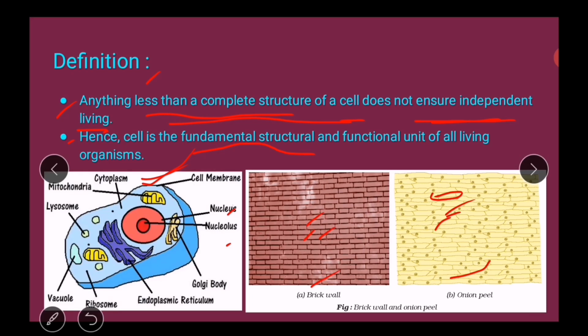That is why the cell is called the fundamental structure of a living organism. And it is also called the functional unit of a living organism. As we have discussed earlier, if you remove all these organelles of a cell, it will not function as a living organism. It will die. For it to be living, they have to come together and function. Then it forms a cell, a living thing. That is why the cell is the fundamental structure and functional unit of a living organism. Clear? Now you have understood the definition of a cell.